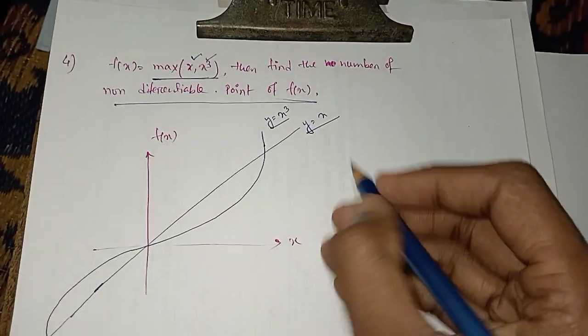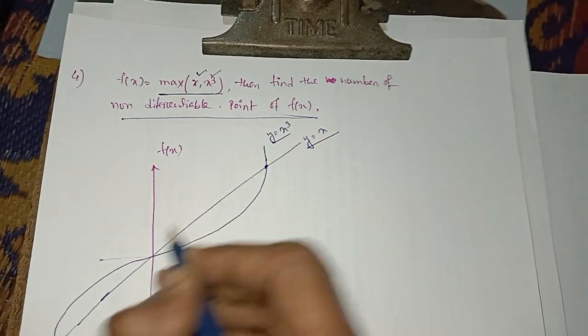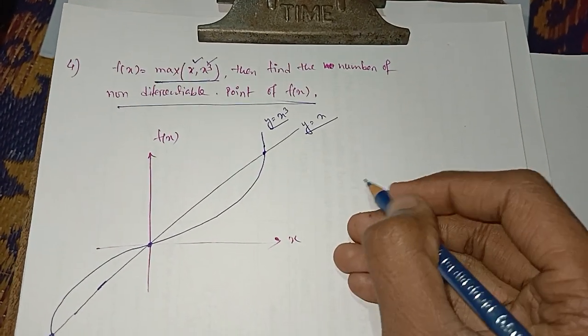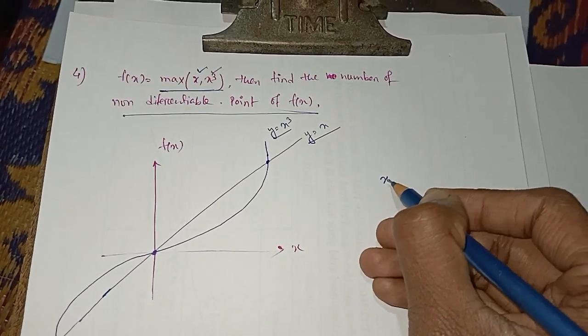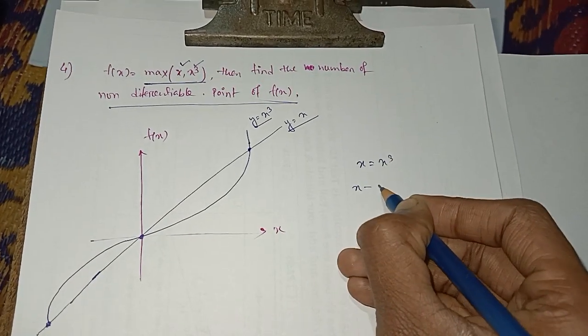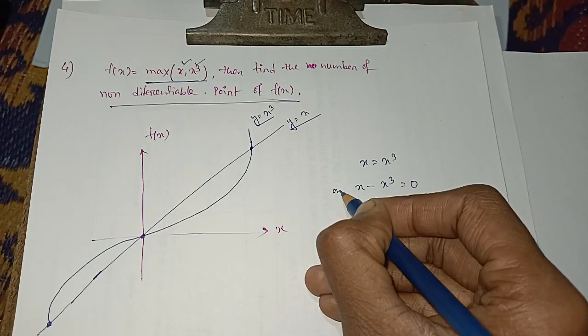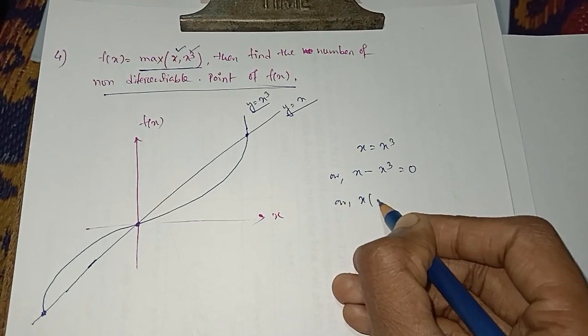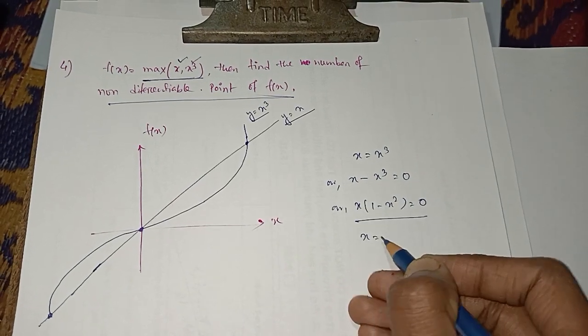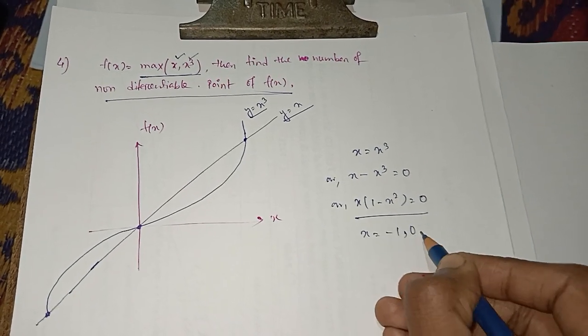For that we have to find how many points these two graphs intersect each other. So x is equal to x cube, so x minus x cube is equal to 0, or 1 minus x square is equal to 0. From here we find that the x values are minus 1, 0 and 1.